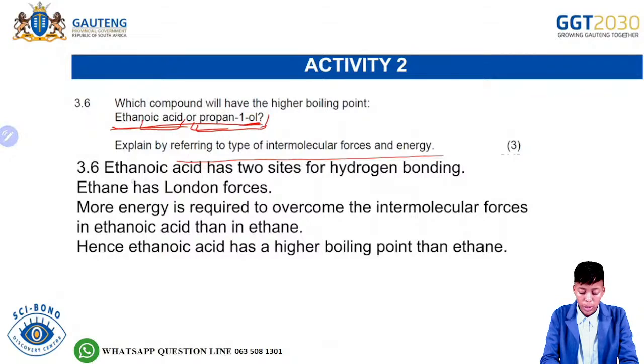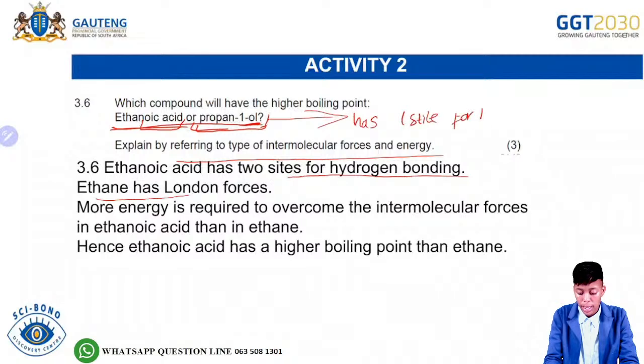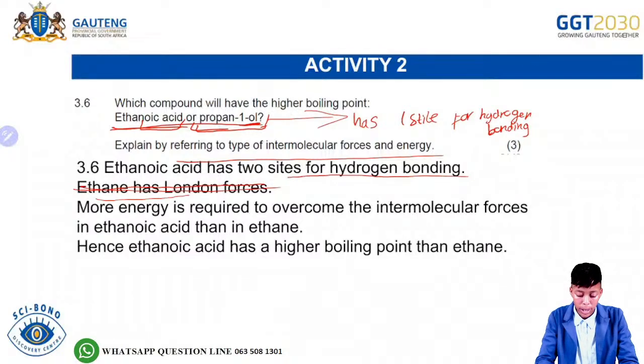So ethanoic acid has two sides for hydrogen bonding. Ethane has London forces. Sorry about this one, it should be propanol. Propanol has one side for hydrogen bonding, and ethanoic acid has two sides for hydrogen bonding.